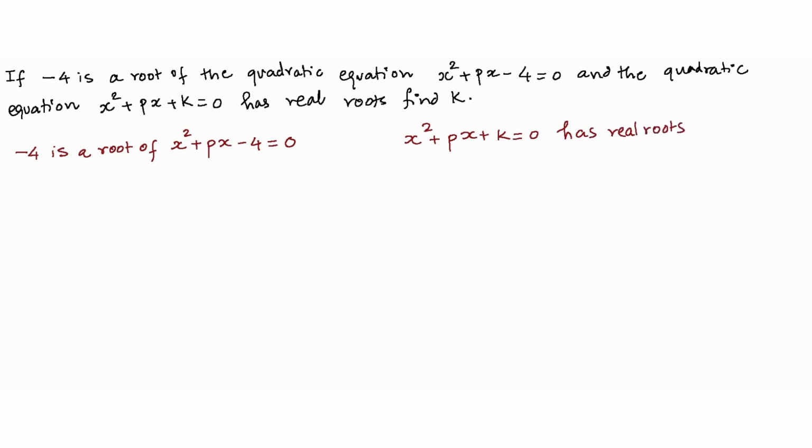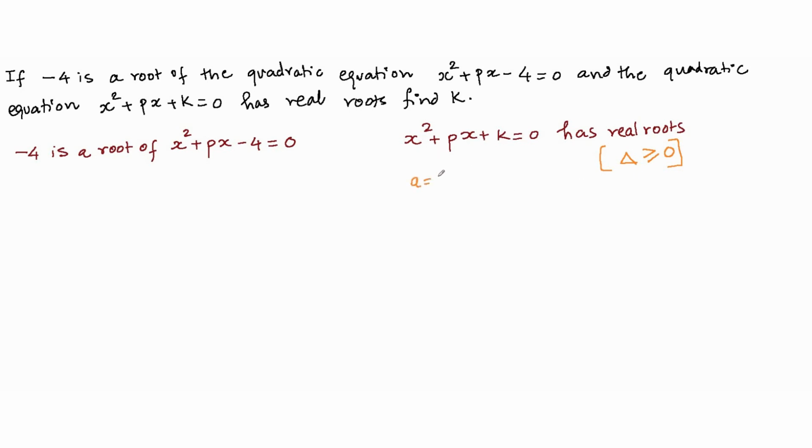By the way, when they say real roots, what can I conclude? Real roots means the roots could be either real and equal or real and distinct. But it means that the discriminant has to be greater than or equal to 0, right? Okay, what is the discriminant of this quadratic equation?